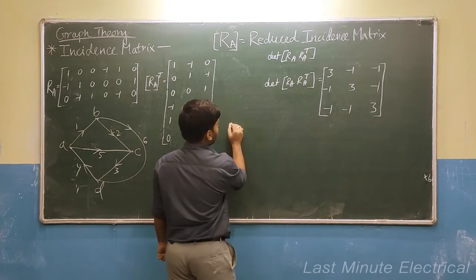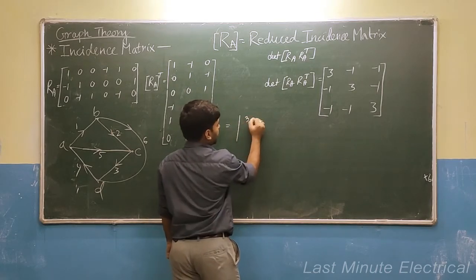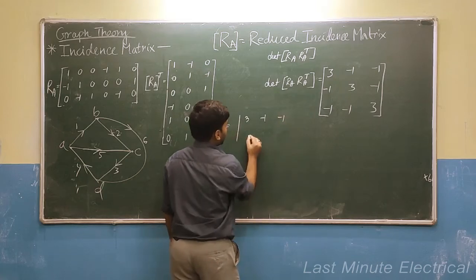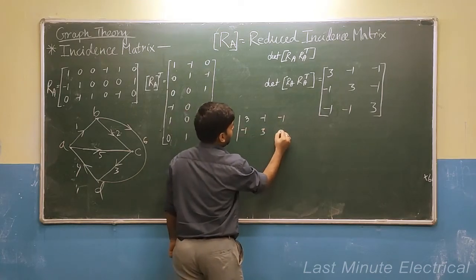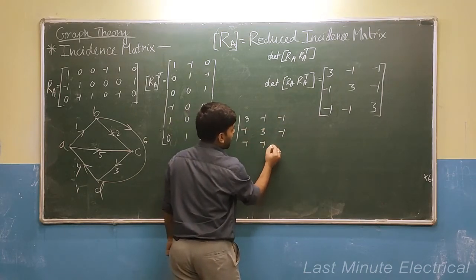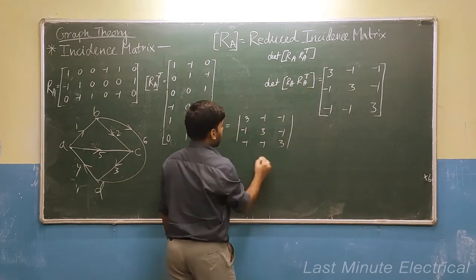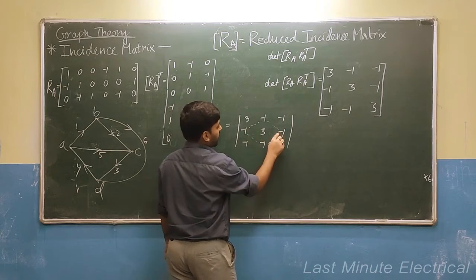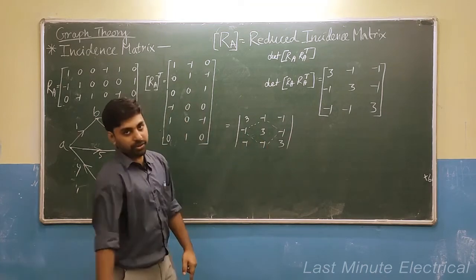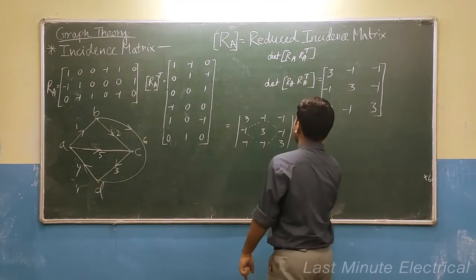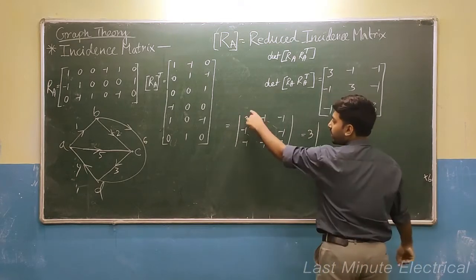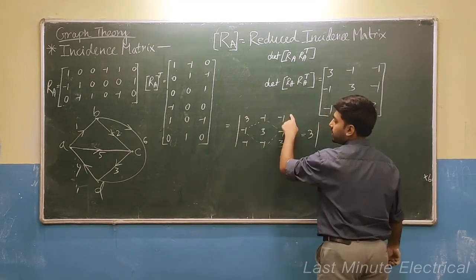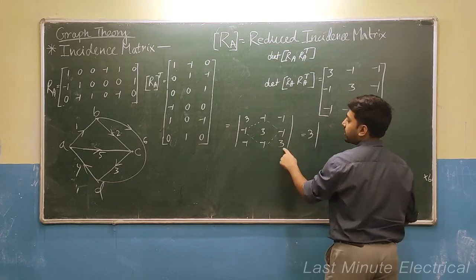Then what is the determinant of this? If I find the determinant, it will be 3, -1, -1; -1, 3, -1; -1, -1, 3. Okay. These positions are odd positions. You already know the odd position is associated with -1. So, what is the determinant? If I consider 3 and remove its row and column, you will get 3 -1, -1 3.